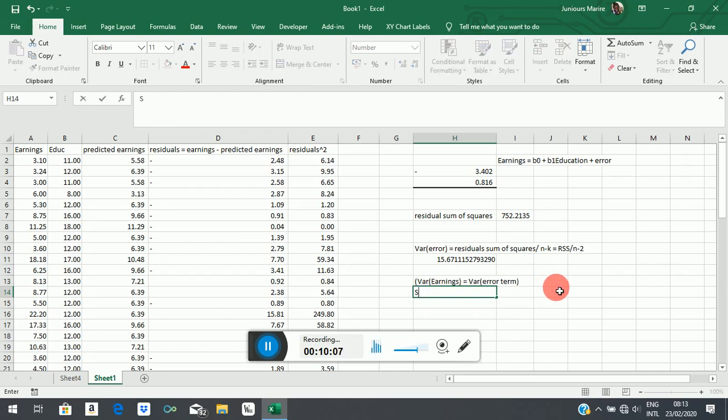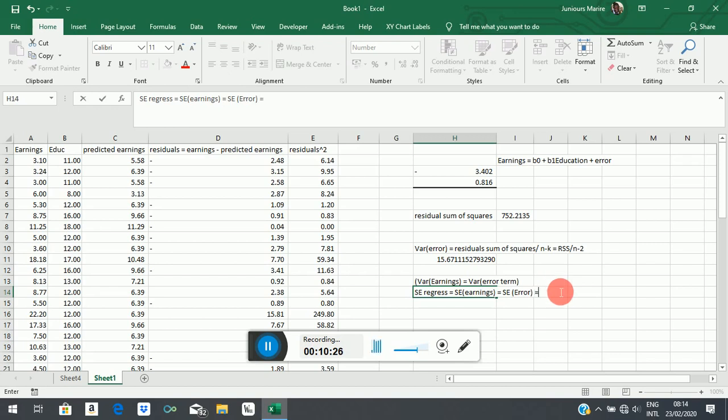Therefore, the standard error of the regression is equal to the standard error of your dependent variable, and this is equal to the standard error of the error term.